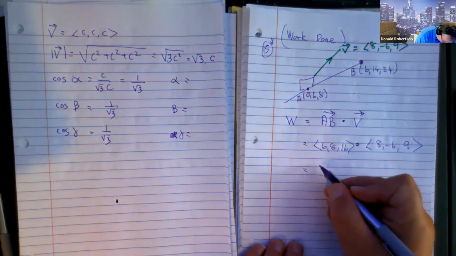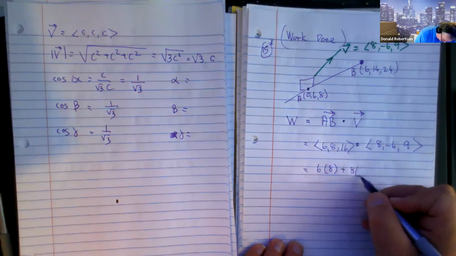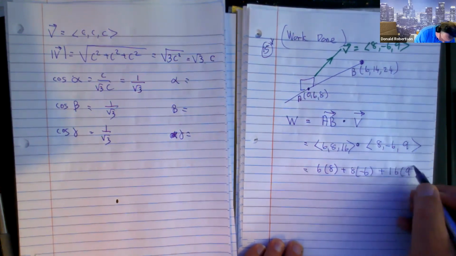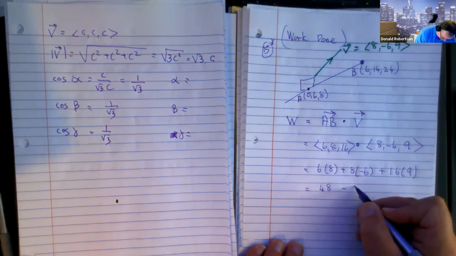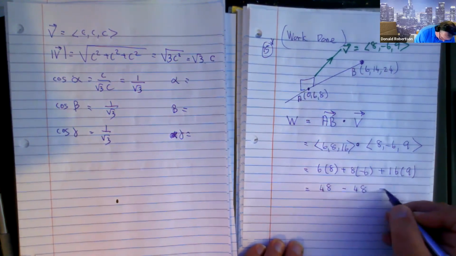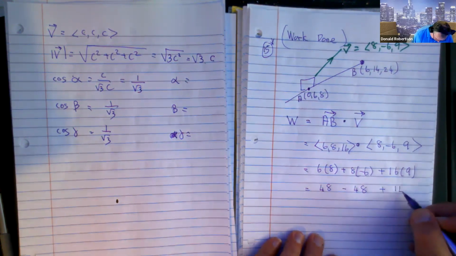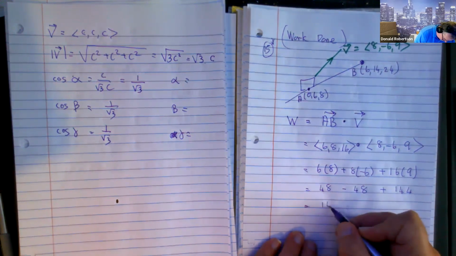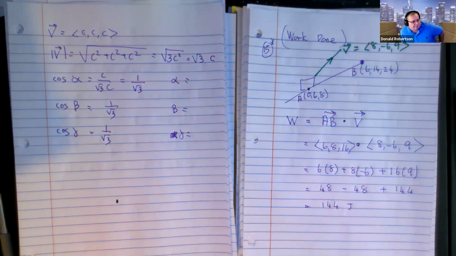So the work done is going to be 6 times 8, add 8 times negative 6, add 16 times 9. So that's 48. Oh, that was nice. Take away 48, plus 144. And so I believe the answer is 144 in the units of joules.